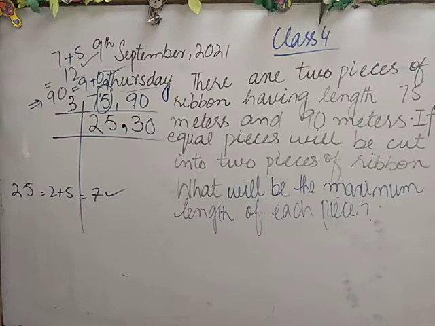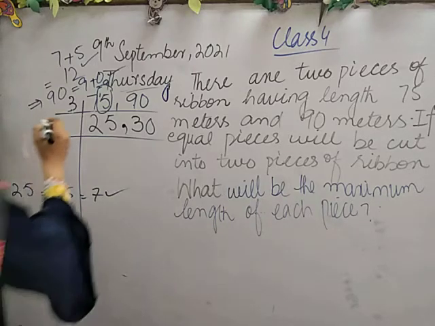As you remember class, we have discussed the rule of divisibility for number 5. If the unit place ends with 0 or 5, अगर 0 होगा या 5 होगा, then you will simply divide it by 5. So the first number has 5 in the unit place and the next number has 0 in the unit place. So you will simply divide it by 5. I will write 5 here.